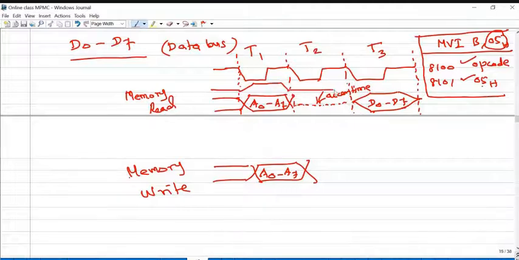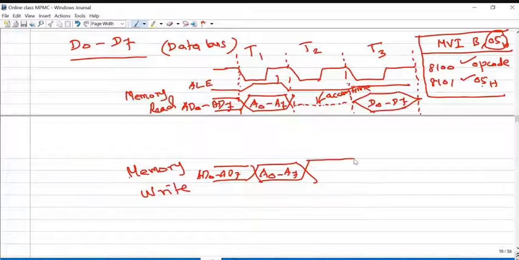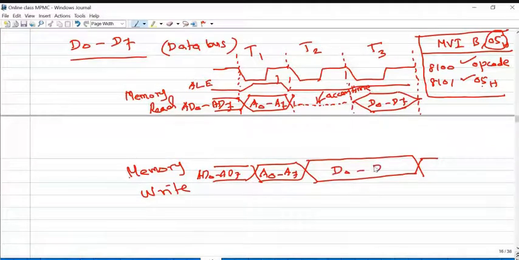At that time AD0 to AD7 are used as the address. For a write operation, the processor already has the data. So from here onwards you can specify the data. If you want to draw accurately, you can draw it. Otherwise, no issue.